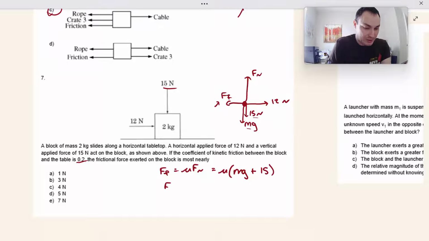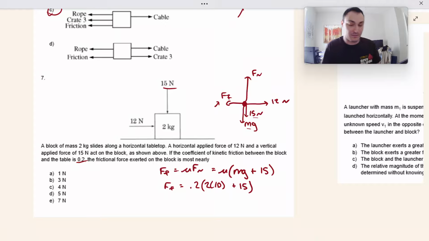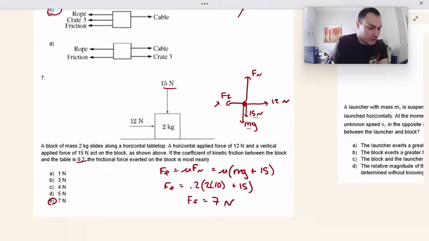So friction is 0.2 times (2 times 10 plus 15). 20 plus 15 times 0.2 is 7 newtons. Force of friction is 7 newtons, which is E.